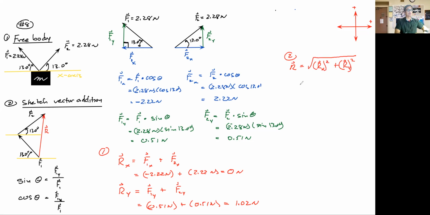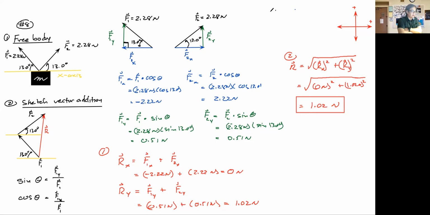Substituting in our values, r sub x is 0 newtons, and we square that, plus r sub y is 1.02 newtons, and we square that, and take the square root. So there it is. The resultant vector, and this is the first half of our answer, has a magnitude of 1.02 newtons.